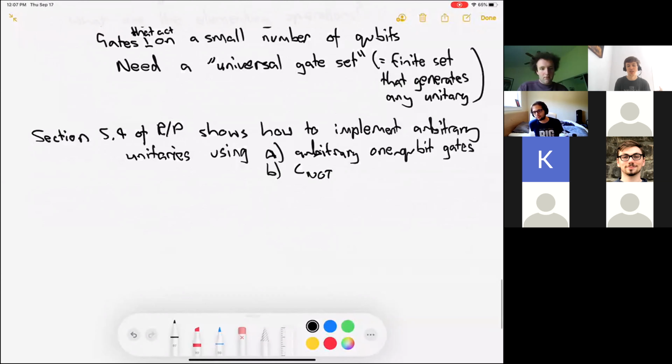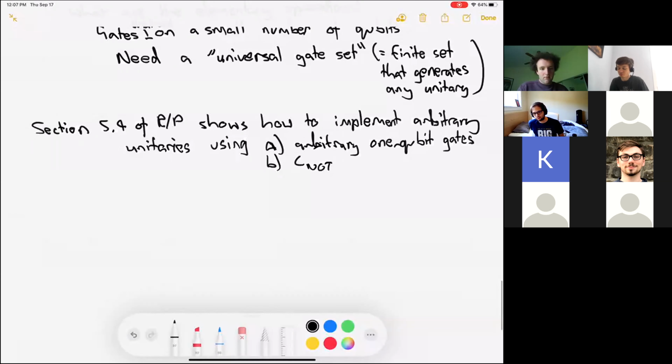It's just a pretty mechanical process of trying to get the right thing happening to every subspace of the whole Hilbert space. But the key point is that this is still using arbitrary 1-qubit gates, so it still needs to be able to apply any one of infinitely many things, okay?